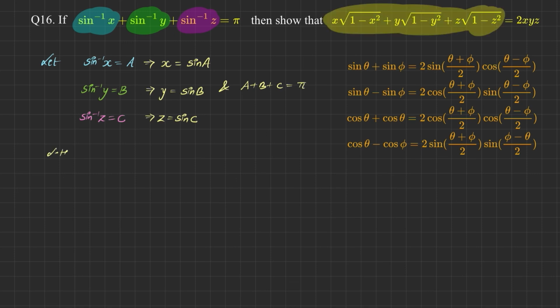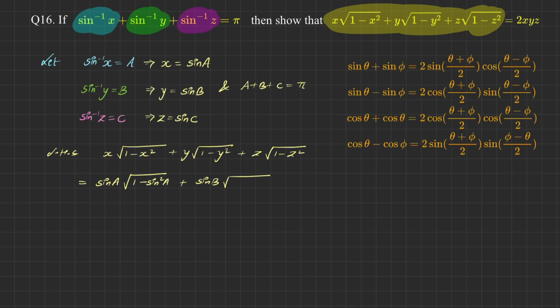On the left hand side, x times root of 1 minus x square plus y times root of 1 minus y square plus z times root of 1 minus z square will be equal to, so x means sine a root over 1 minus sine square a, plus y means sine b, so it will be sine b into root of 1 minus sine square b, plus z means sine c, so square root of 1 minus sine square c.